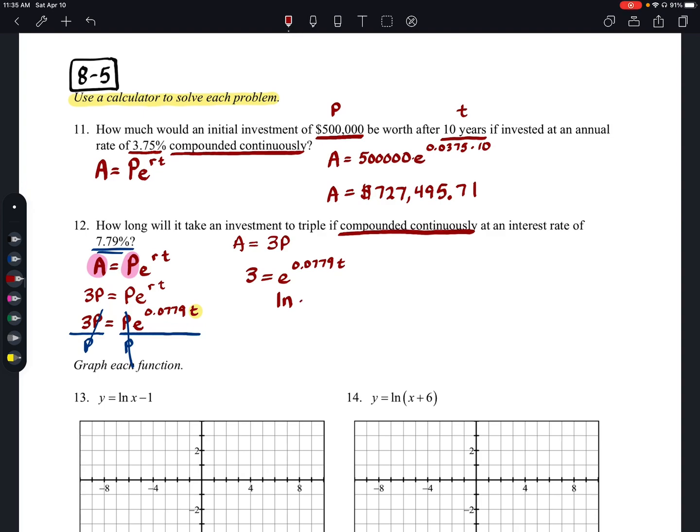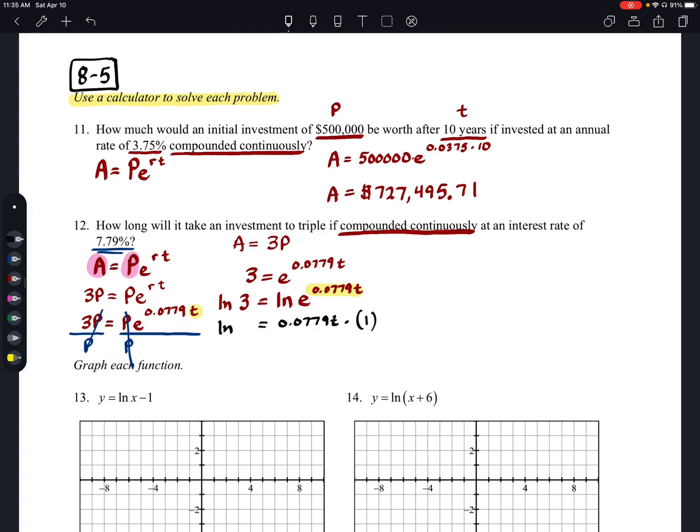So if I do the natural log of E to the power of 0.0779 T, and that equals the natural log of 3, now I can take this and simplify this down. Remember, my exponent is going to end up moving out in front. So I have 0.0779t times the natural log of e, which we know is actually just 1.